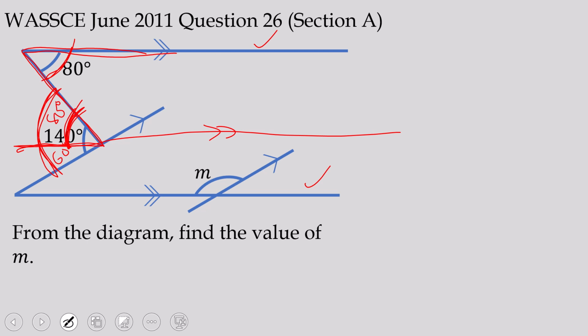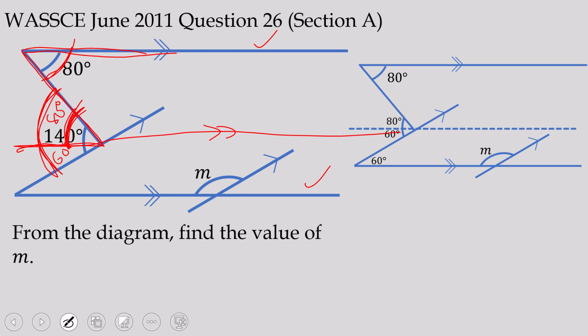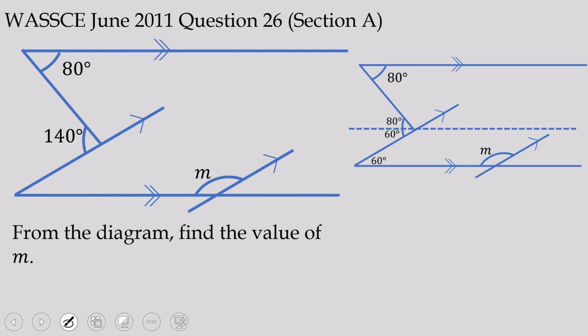So now I have the two angles over there, and I'm looking for the value of the angle M. So with this, I can have my diagram like this. So I have something like this, where this alternates with that, and this is the remaining angle over here. That is going to be the 60.